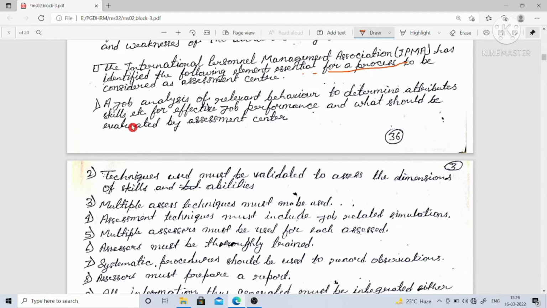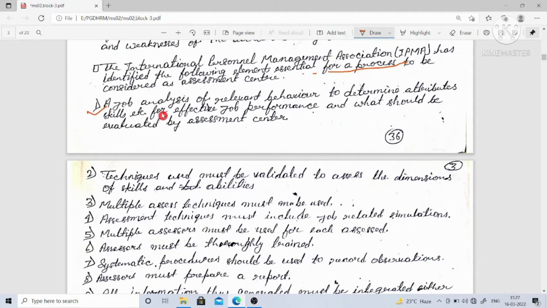First, a job analysis of relevant behavior to determine attributes, skills, etc. for effective job performance and what should be evaluated by the assessment center.